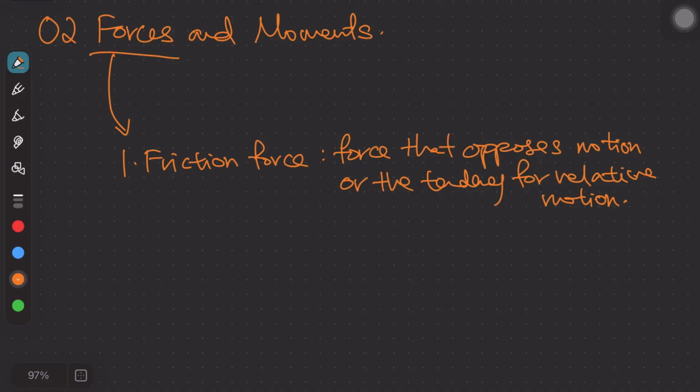What this means is that, for example, if you have two bodies trying to slide across each other, this one is going here, this one is going here, and there is this area over here where they are overlapped and sliding over each other. This is where there will be friction. Straightforward.